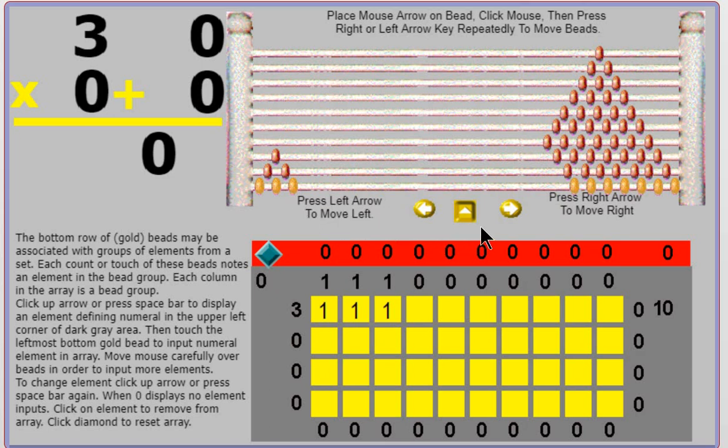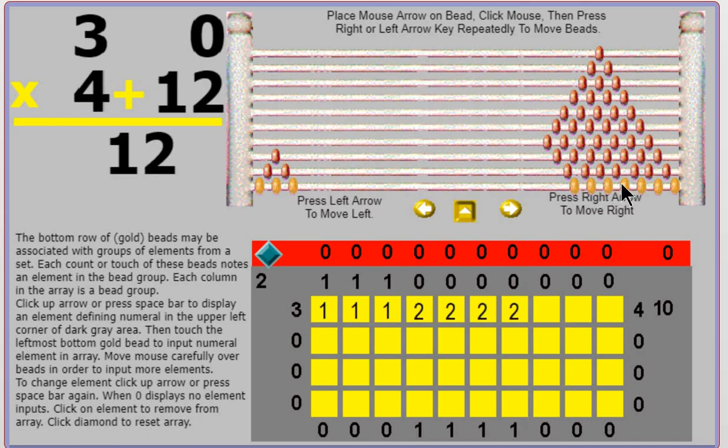Now I'm going to change the defining numeral to 2, and I'm going to count 5 of the beads. 1, 2, 3, 4, 5.